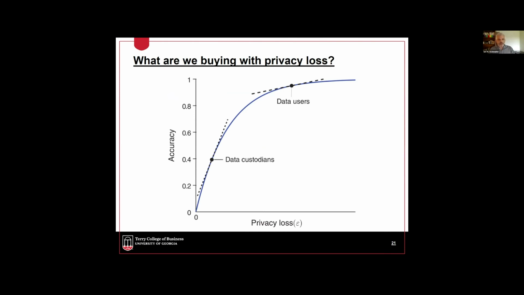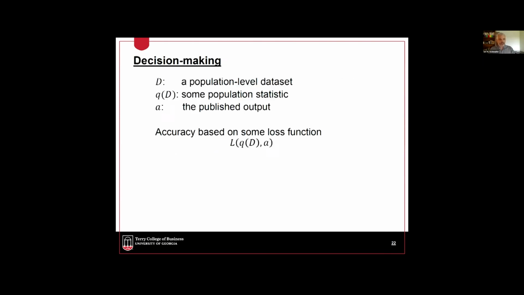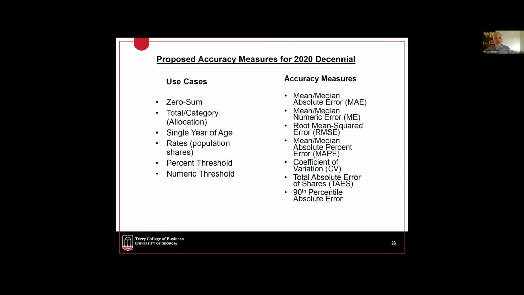It also applies to what kinds of mechanisms we plan to use. This problem is hitting the Census Bureau hard at the moment. This is a list of proposed accuracy measures that I got from a Census Bureau document published in March. It is the list of different accuracy measures they're using to determine whether the 2020 disclosure avoidance system, which is using differential privacy, is going to be fit for various use cases.